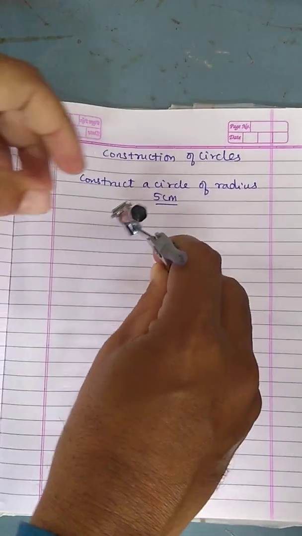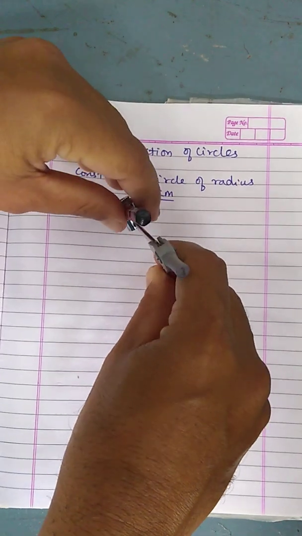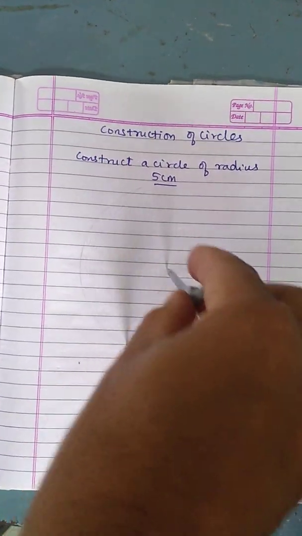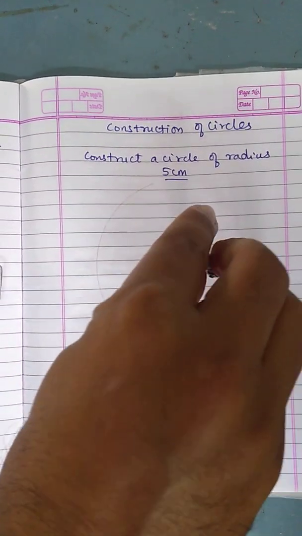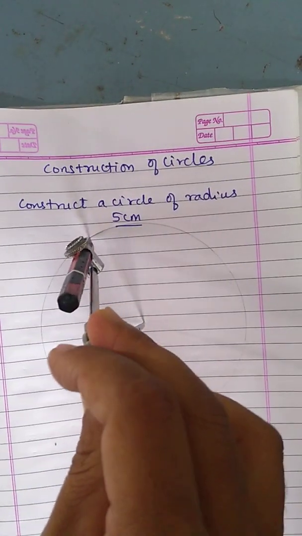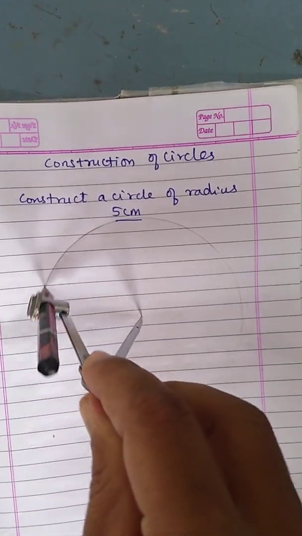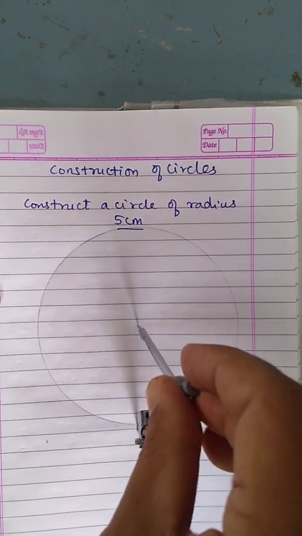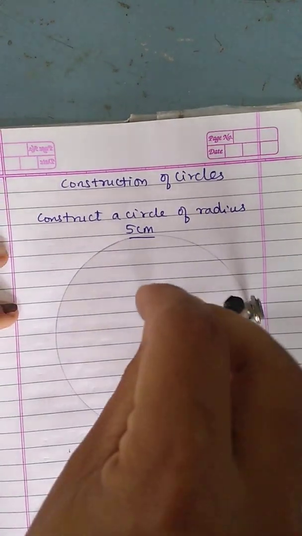Go for the encircling. Go for making a circle with 5 centimeter radius. Yes, correctly. I have made a circle of radius 5 centimeters.